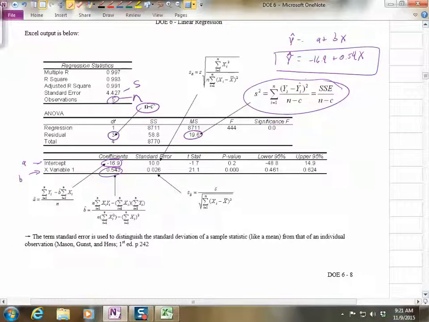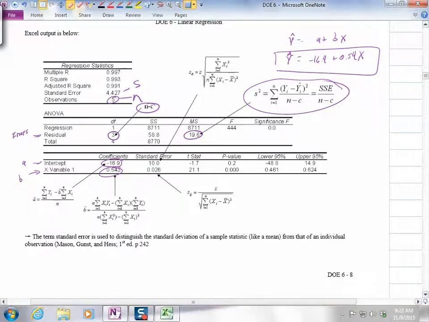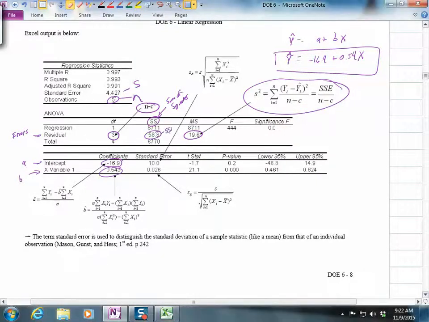Remember, residual was another name for errors. And this is the sum of squares. So that's SSE, and that's n minus c. You divide those two, you get s squared.